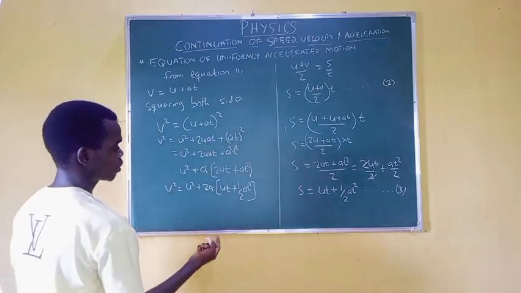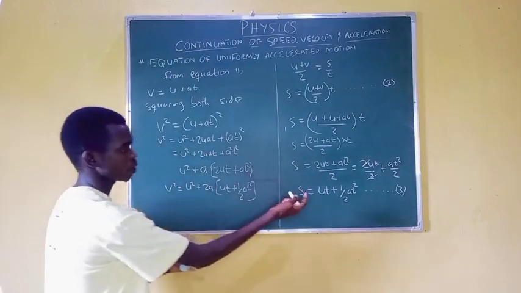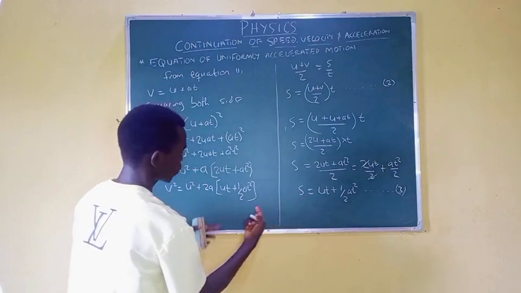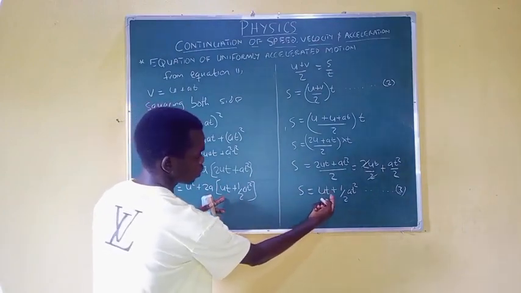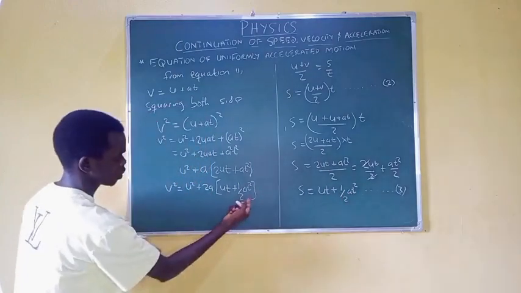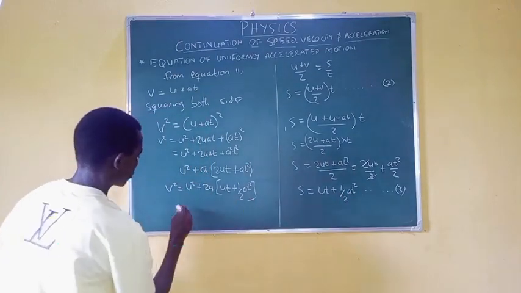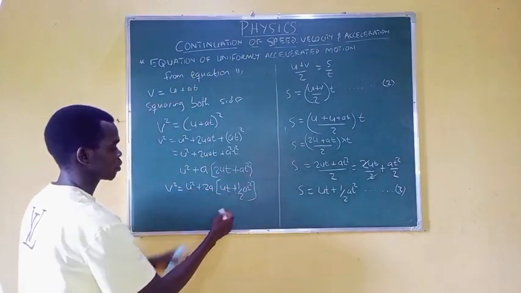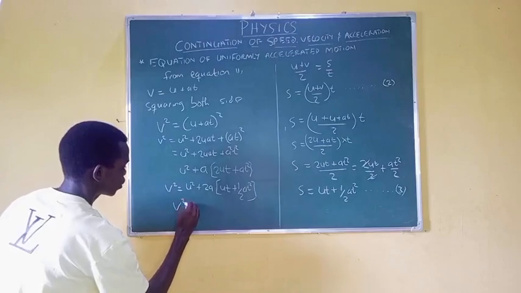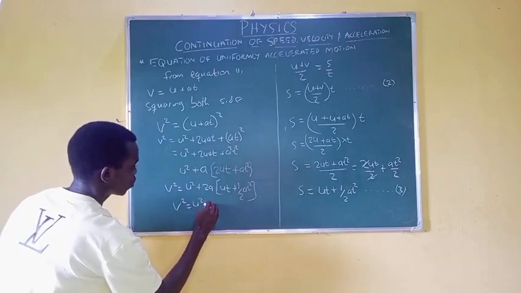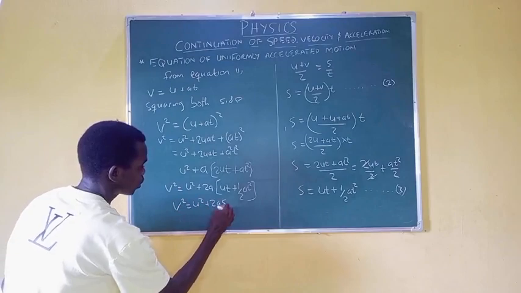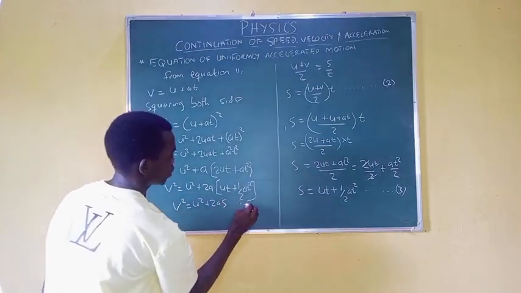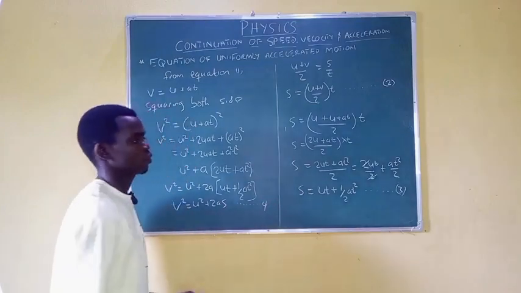From equation 3, s is equal to ut plus half at squared, which is here. So substituting s into this equation, v squared is equal to u squared plus 2as. This is our equation 4.